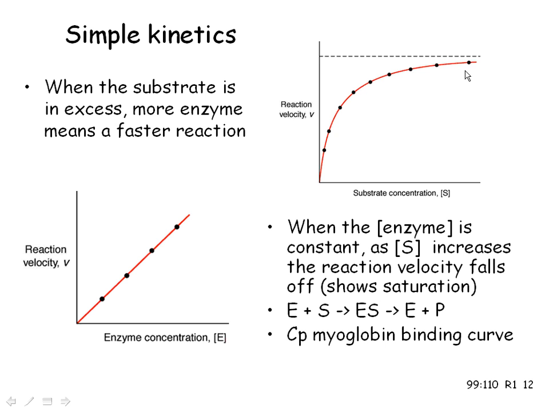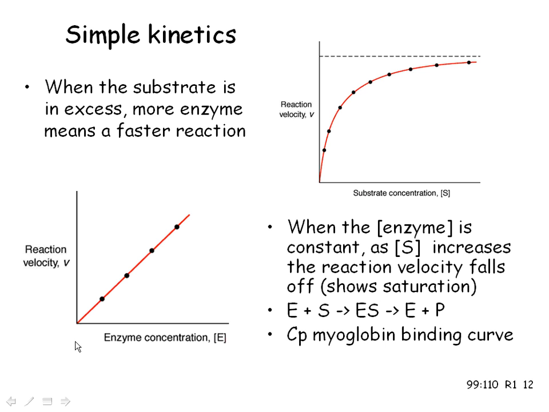So we can say that a given enzyme has a maximal velocity that it can catalyze a reaction at. And so when an enzyme is completely saturated, it's going to go at Vmax. This is a hyperbolic curve for reactions, just like myoglobin has a hyperbolic binding curve. You don't actually get to Vmax, but you can approach it, depending on the solubility of your substrate.